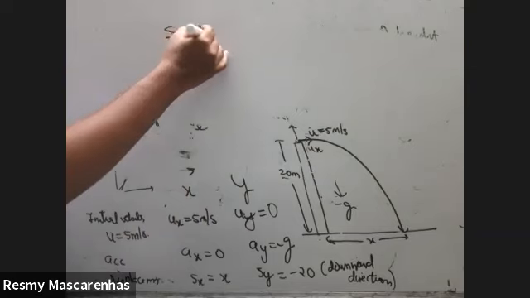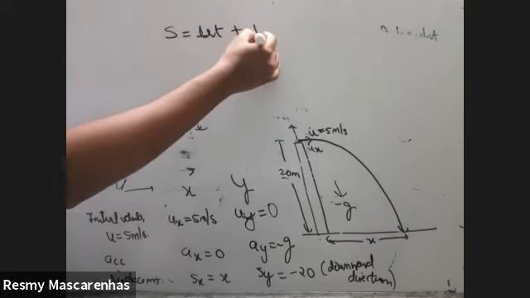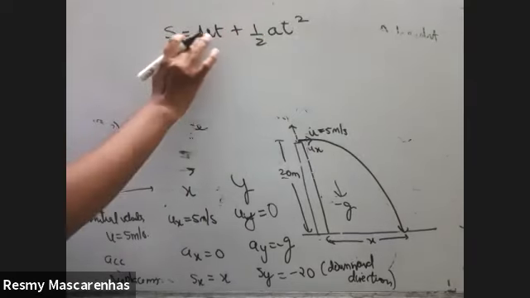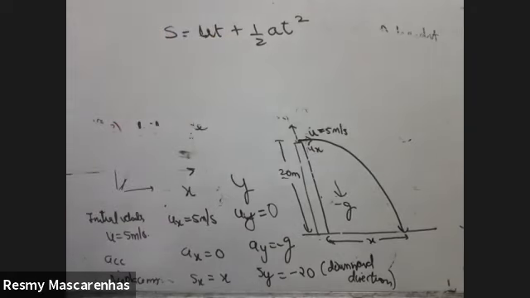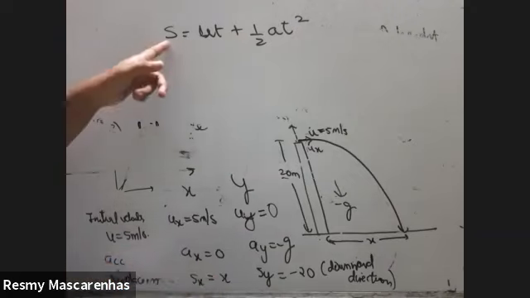You have this formula, ut plus half at square. Now, which part is easier to calculate? We don't have any v, we don't know it. For the X component, you don't know x.